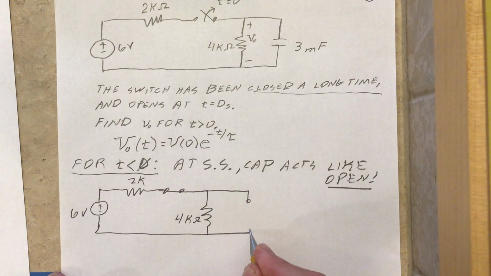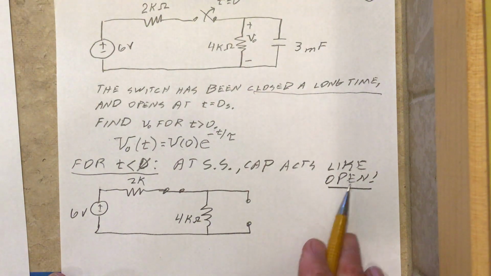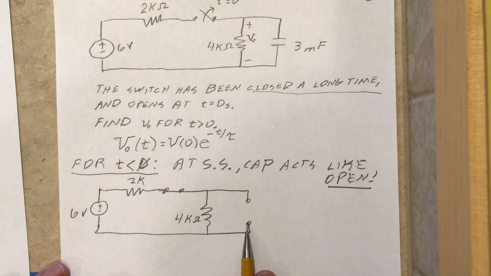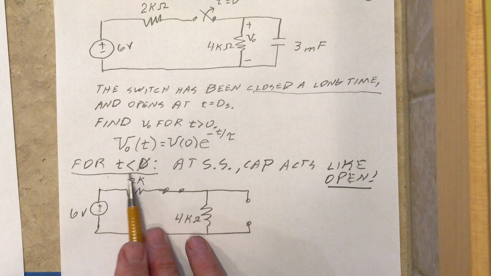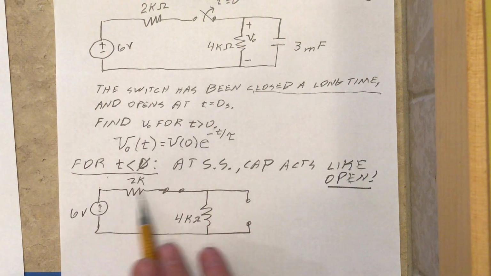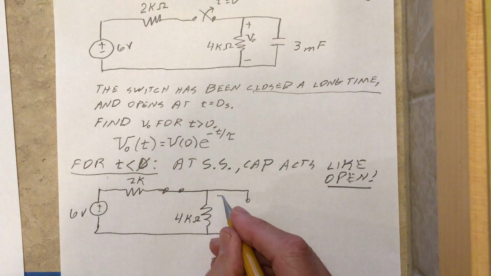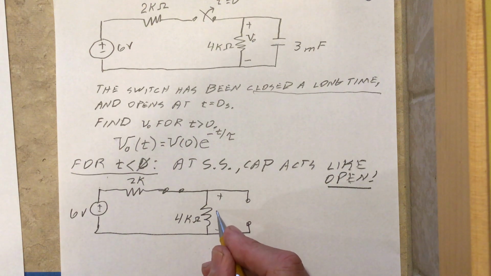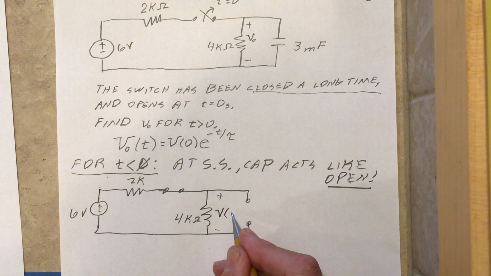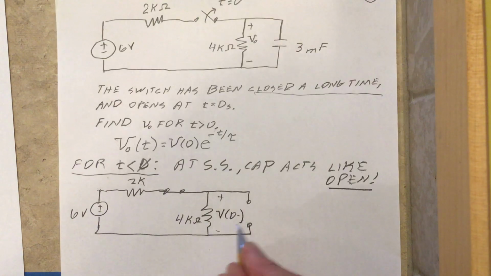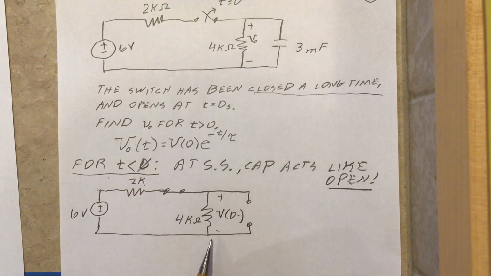Now here's my capacitor over here, and it acts like an open, so I'm just going to draw it like this. So before the switch opens, this is what we have. And there's my voltage at 0 minus. This is just 0 minus, just before the switch opens. And I can see no current at all is going to go through this open circuit.